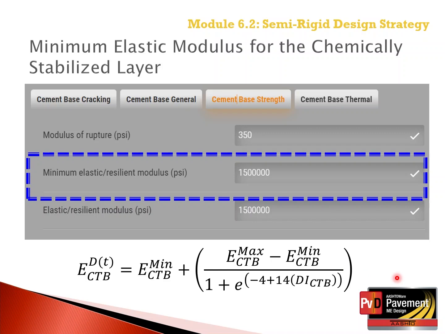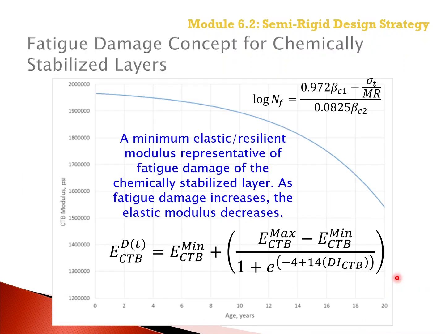However, that modulus reduction is not applied to the asphalt layer in terms of design. It's also not applied to the Portland cement concrete layers for rigid pavement design.